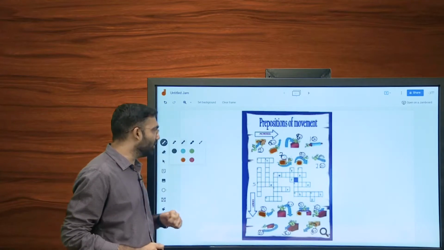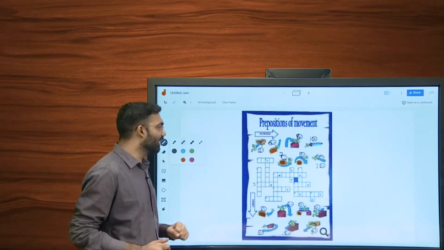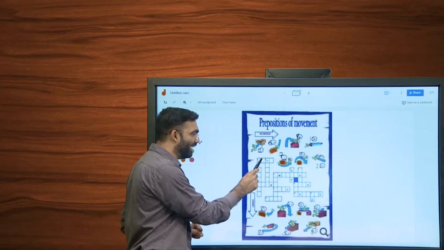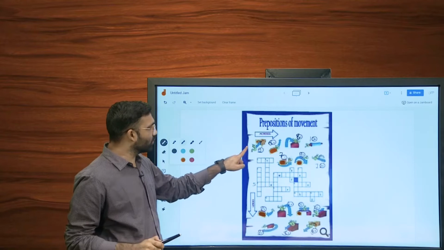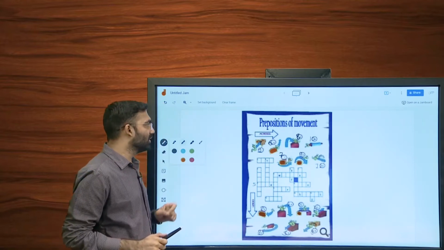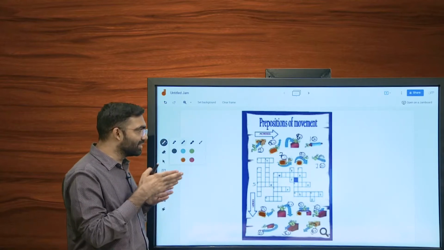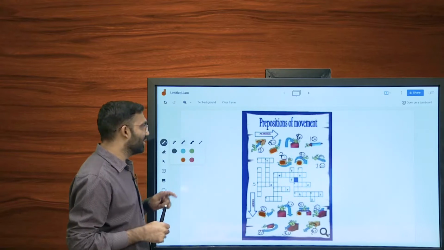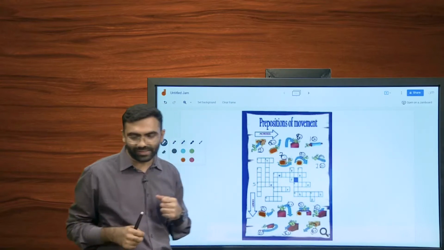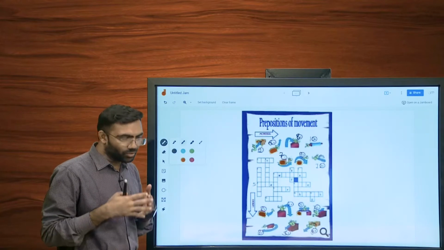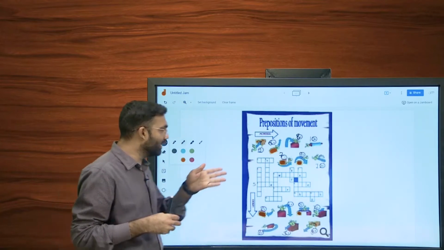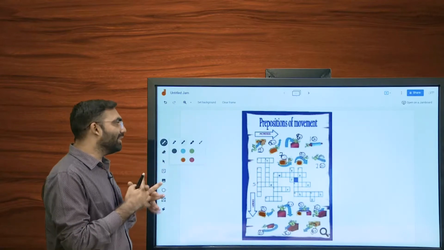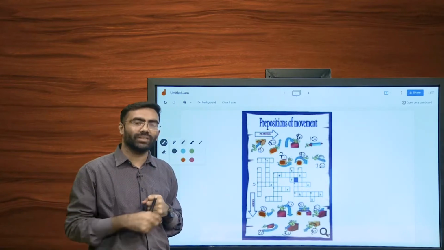So can you guess which is the first one? This across one, it's given over there. I'm reading it for you: blank, blank, T, blank. Which one do you think it is? Do you think the movement is going inside and getting into physical touch? So movement to an enclosed space, something going inside and coming in touch, is which preposition?